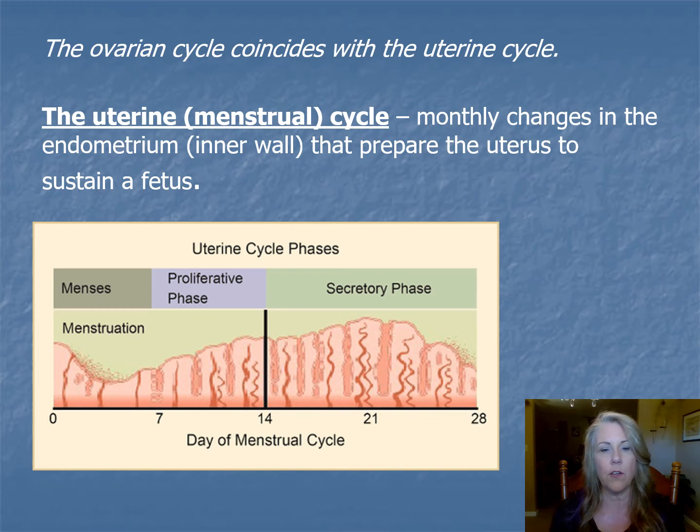For the uterine cycle, you have the menses, which is the release of the endometrium, the inner wall, and that's what we call the period. Then you have a proliferative phase, and then you have the secretory phase. We're going to talk about these, and then put the ovarian cycle and the uterine cycle together to understand what's going on throughout the month.